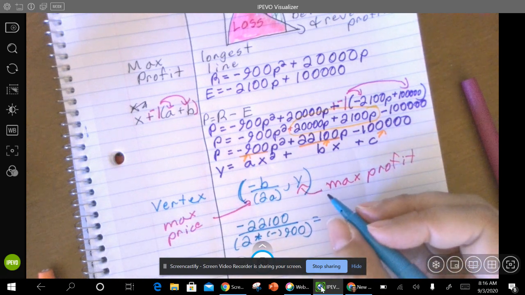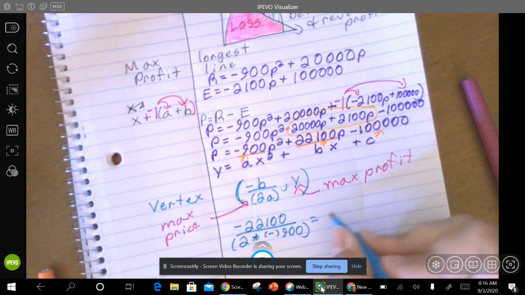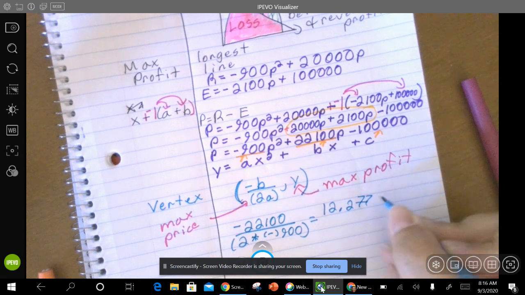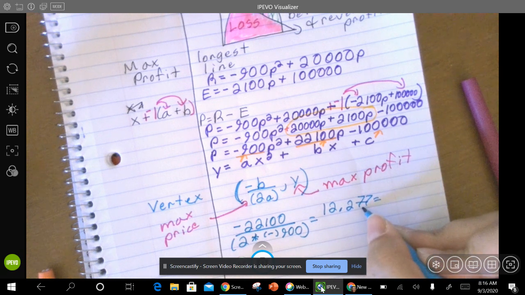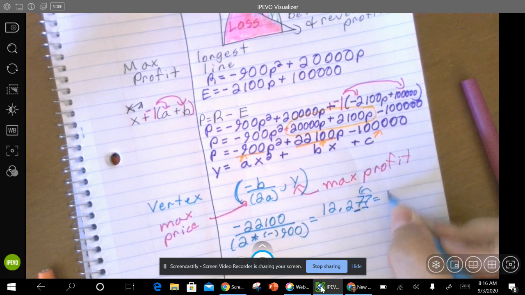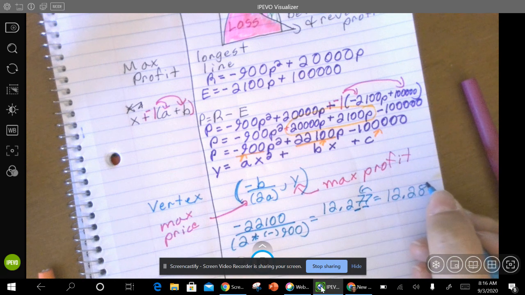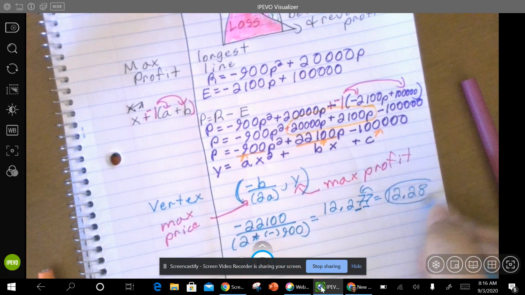Okay. So I got $12.277. And remember everybody, 5 and up rounded up. So I'm going to round that up to $12.28. Okay, everybody, so that's going to be our maximum price.